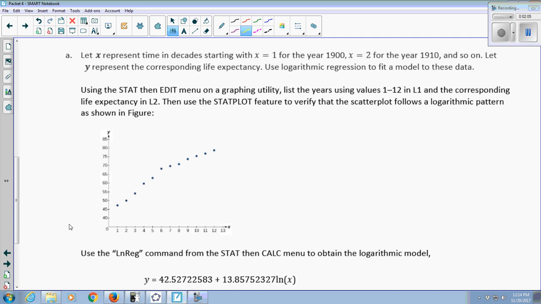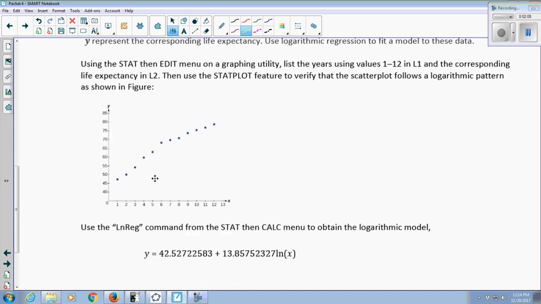So the directions in here are going to use a graphing calculator to walk you through how to do this. I'm going to do it in GeoGebra since I'm at a computer, and it's a little nicer.